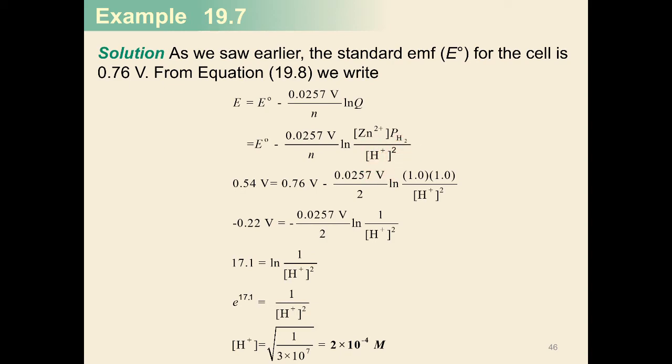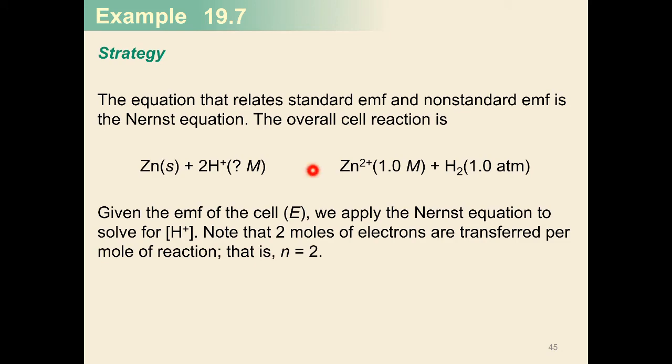So why is it squared? If you look back at our equation, the coefficient of hydrogen is 2. So as a rule for equilibrium, the coefficient becomes the exponent of that particular concentration. So here, zinc 2 plus, since this is an aqueous solution, is counted. This is a gas, it is also counted. If you are going to express it in equilibrium concentration, this must be in atm.